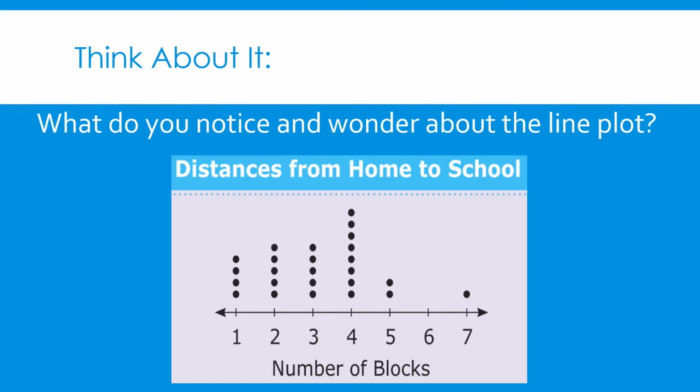It's got a bunch of dots on top of the number line. Some of the things you might be wondering are, what do the dots represent? Why does the number line only go to 7?